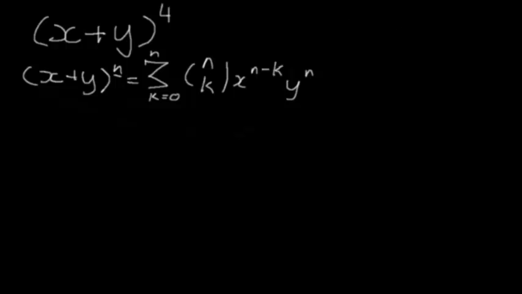So basically n here is the number that we have in the beginning, and k goes from 0 till n, and n choose k is about factorials, which I'll get to later also. And we have here x to the power of n minus k and y to the power of k.